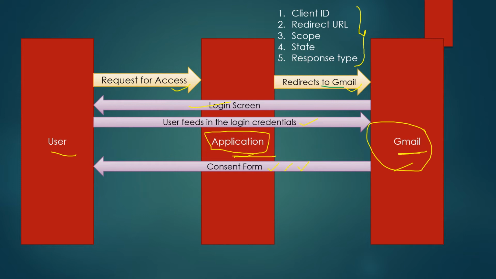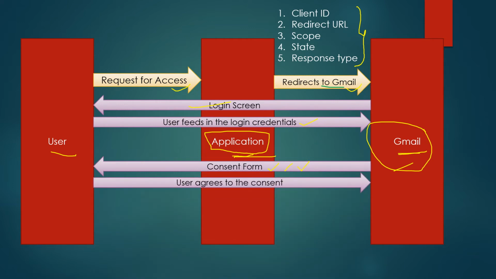Based on the user consent, let's say the user has agreed to provide access only to particular information, and the consent is received back by Gmail. Once the consent is received, Gmail redirects it, the consent, with a certain set of parameters.